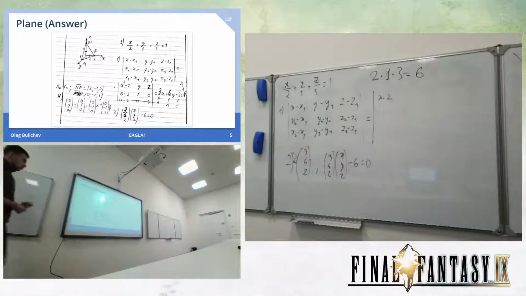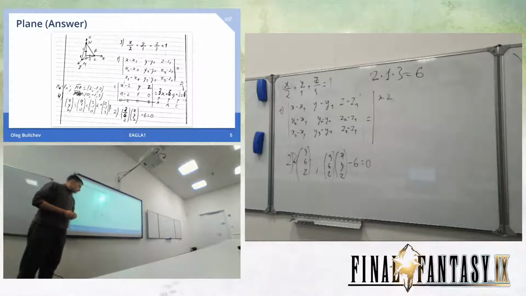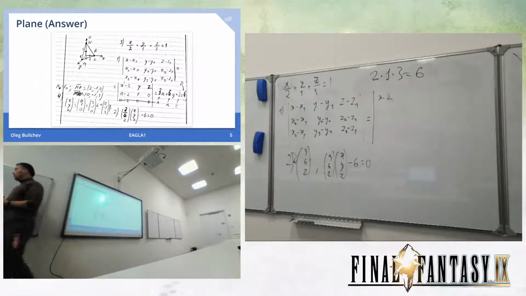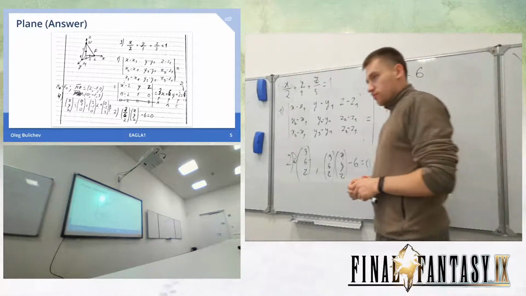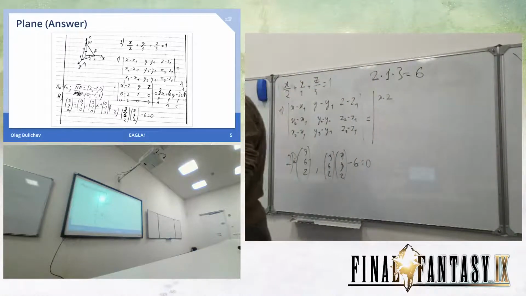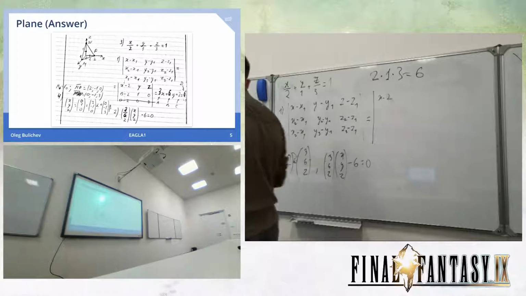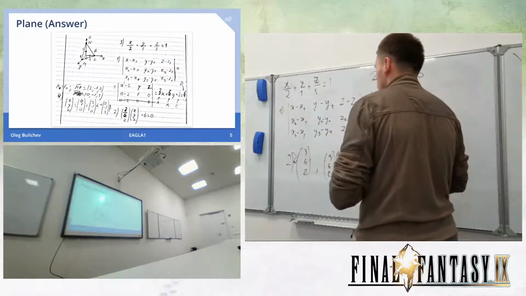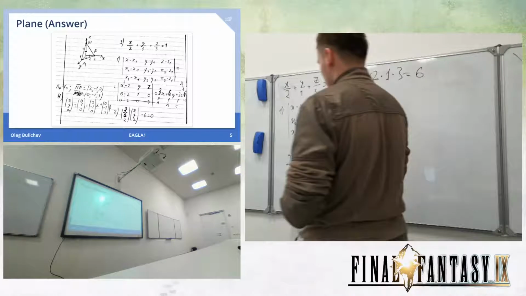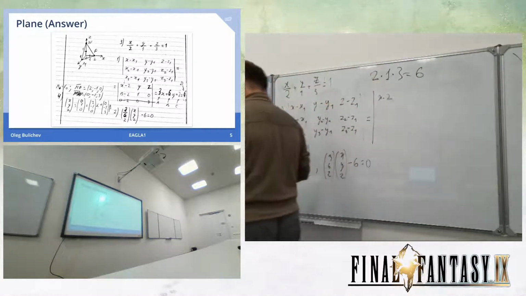I especially wrote all the information there. I have a question. Yes. Why is our vector in the plane not in the plane? Because x, y, and z is not a vector that lies on the plane. So actually, you can. How can you check whether it is correct or not?